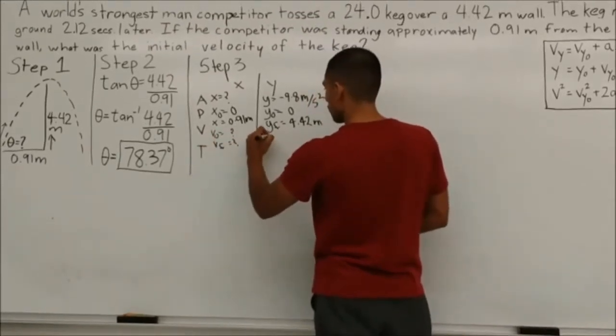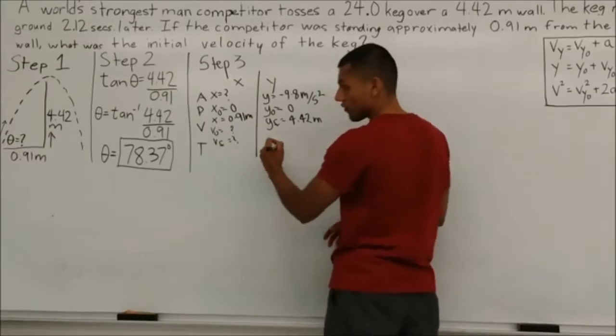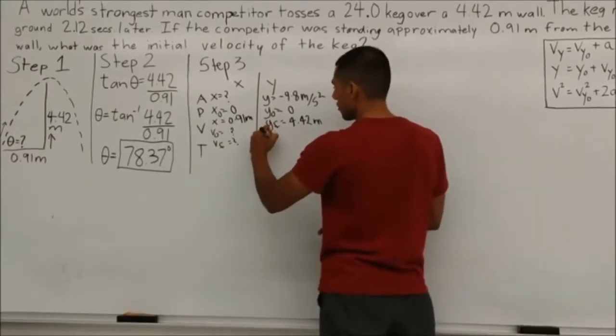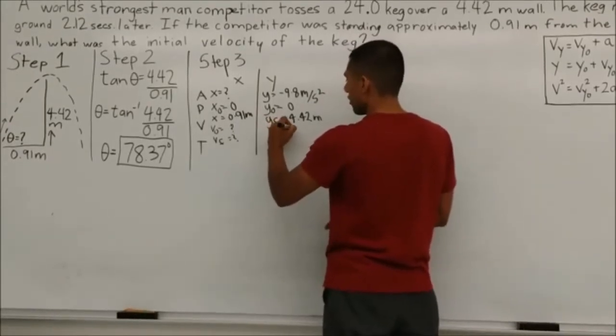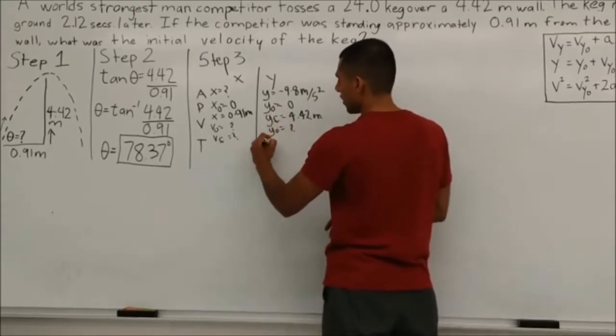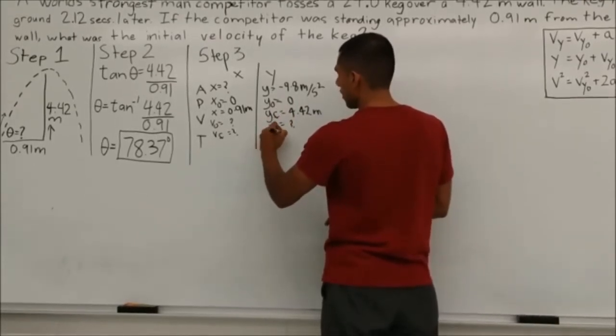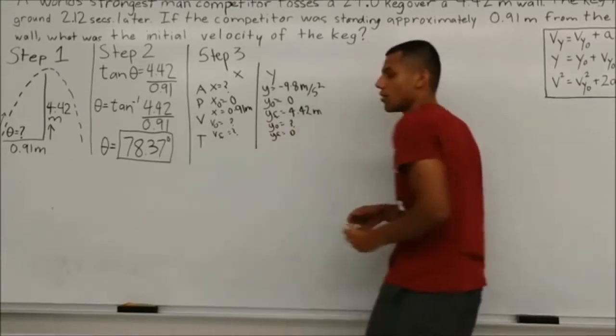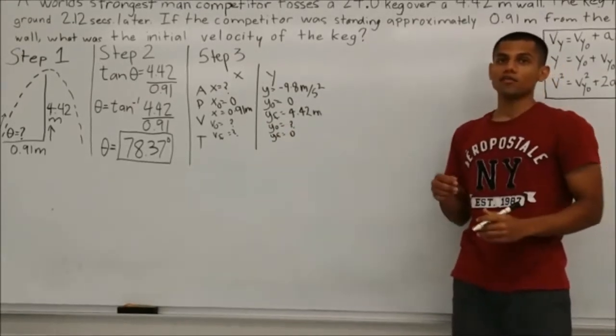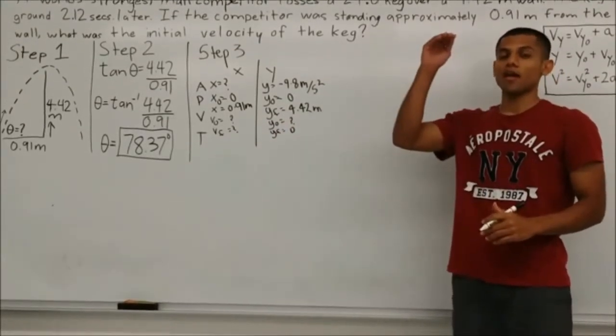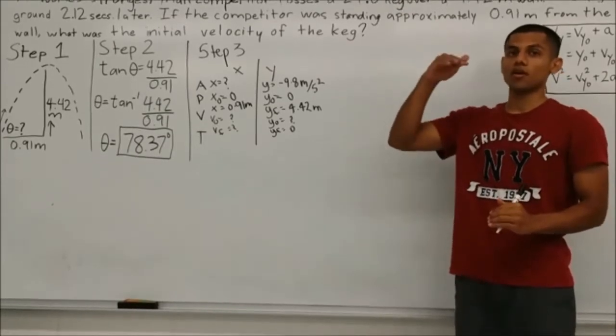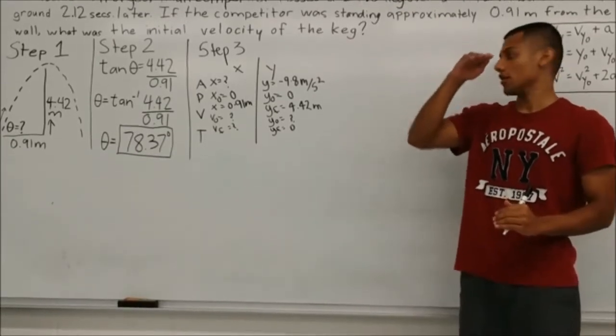The initial velocity in the Y direction is unknown at this point, and the final velocity in the Y direction is 0, because the keg has reached its maximum height, and so therefore it has no vertical component, but it's still moving horizontally.